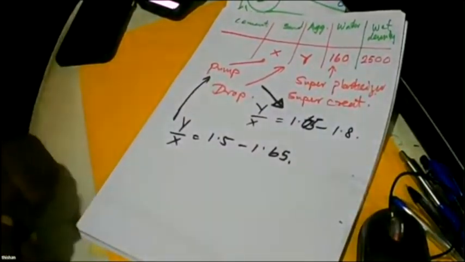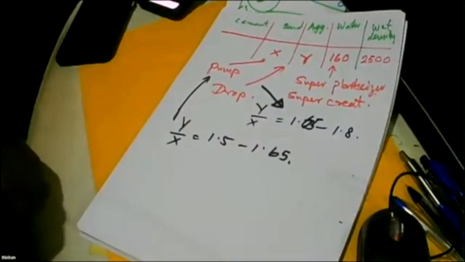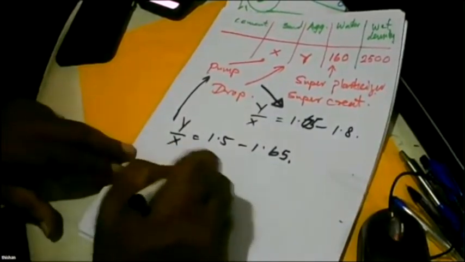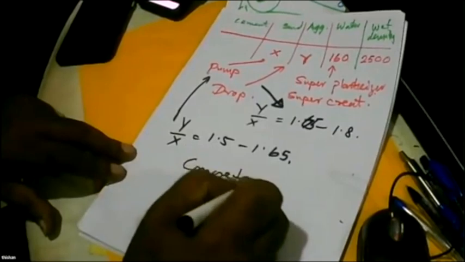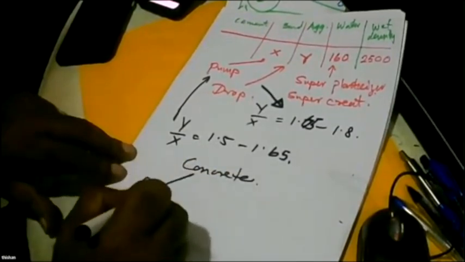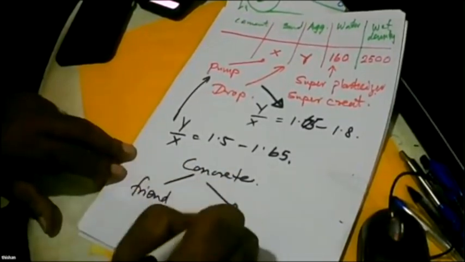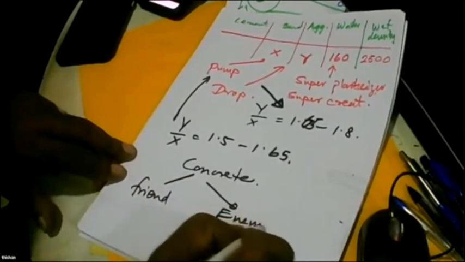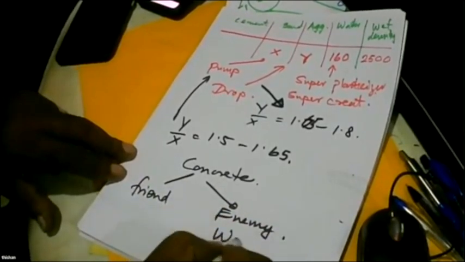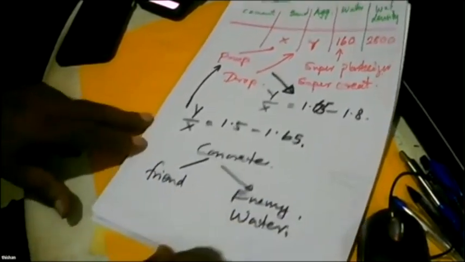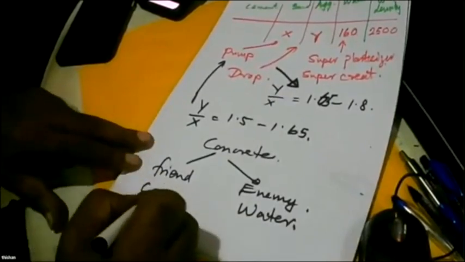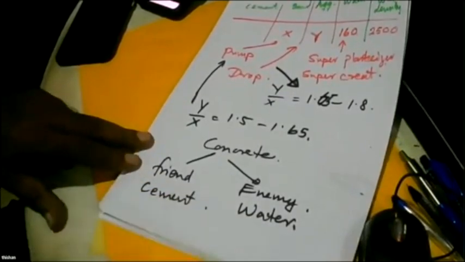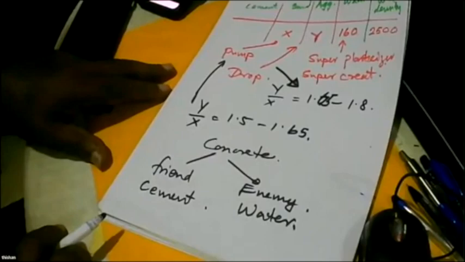Right? And now I know concrete has a friend. It has an enemy. Who is the enemy? Water. Who is the friend? Cement. Cement is the friend, enemy is water.